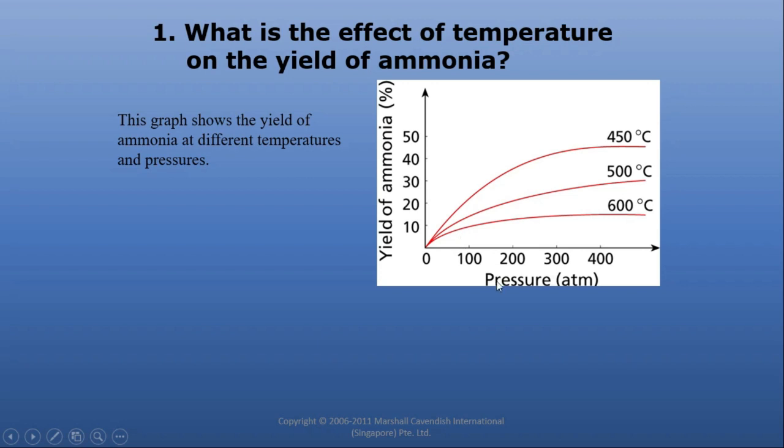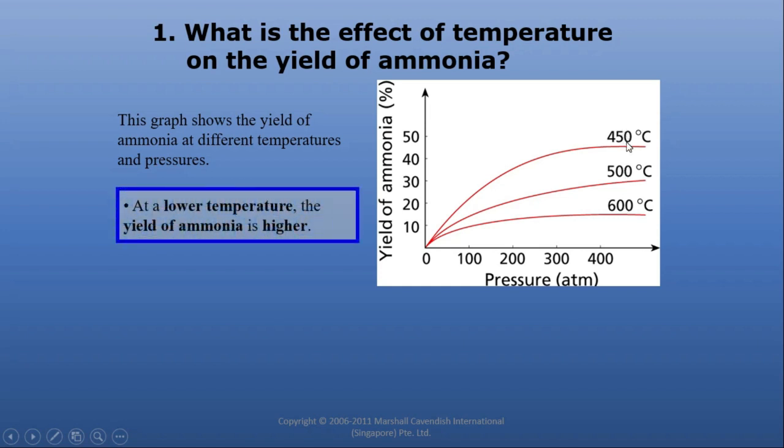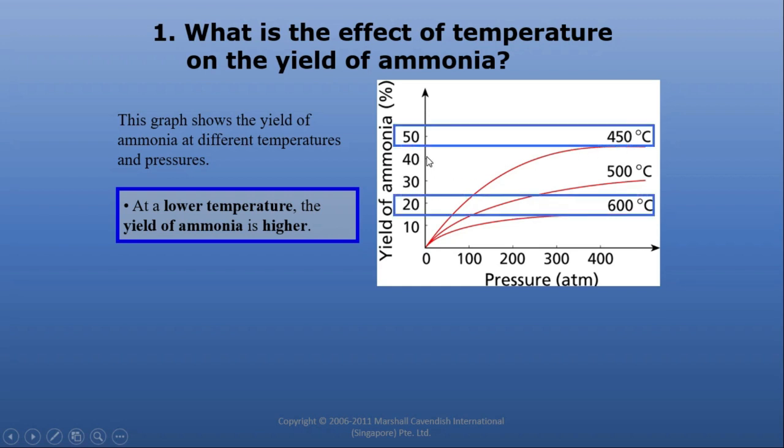You can see pressure on the x-axis, yield of ammonia on the y-axis, and there are 3 curves at 3 different temperatures: 600 degrees Celsius, 500 degrees Celsius and 450 degrees Celsius. You can observe from here that at lower temperature the yield of ammonia is higher, and at higher temperature the yield of ammonia is low.